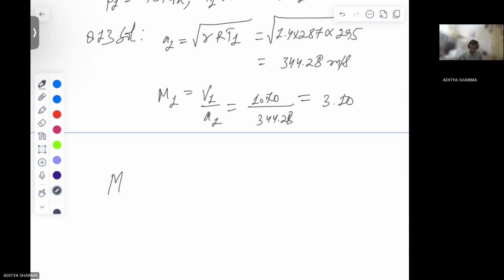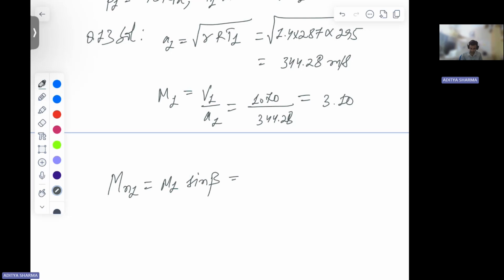Then, because only the normal component is of concern in oblique shocks, I'll calculate Mn1. Related to the normal component only, we have to see this static pressure rise. So Mn1 will be M1 sine beta.